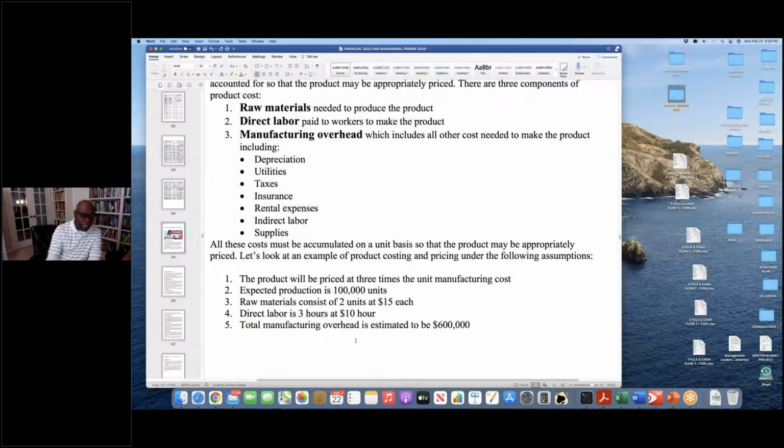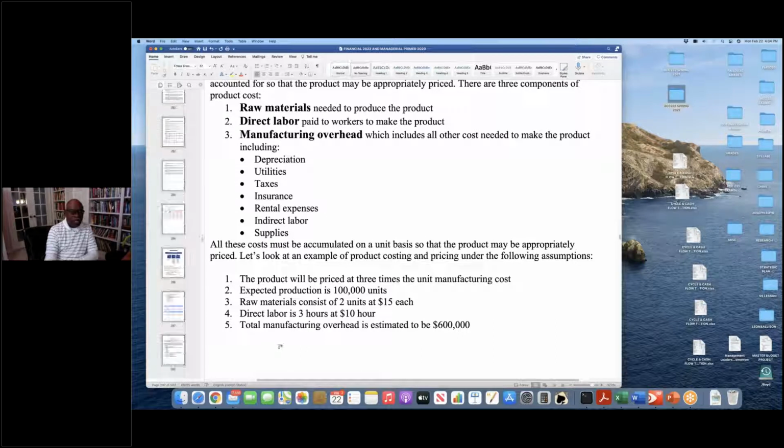If I was looking at how much this item was going to cost, in terms of the raw materials, how much is the raw material cost going to be? I want how much raw materials for one book. Just 30.